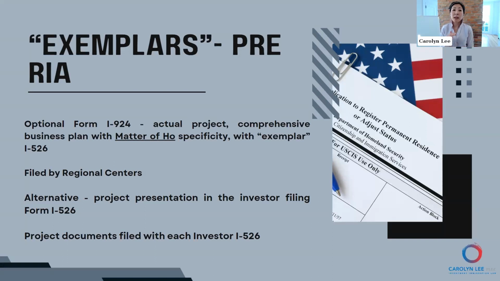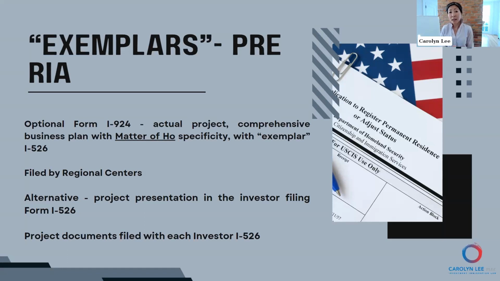And it was accompanied by a comprehensive business plan, critical, that met the Matter of Ho requirements. Matter of Ho is one of the 4 key precedent administrative decisions governing the EB-5 program. And Matter of Ho is known for its articulation of the business plan content standards. So it had to have Matter of Ho specificity with an exemplar I-526 form.